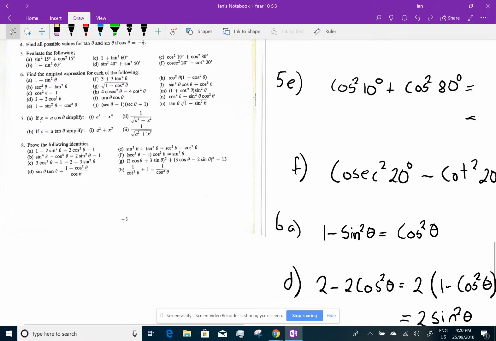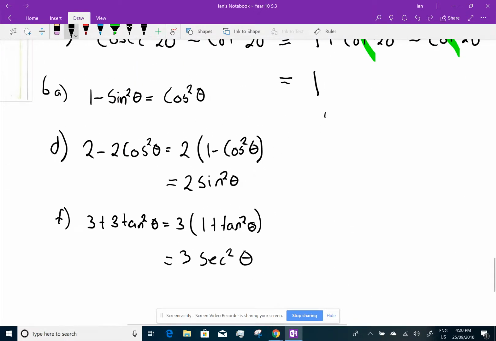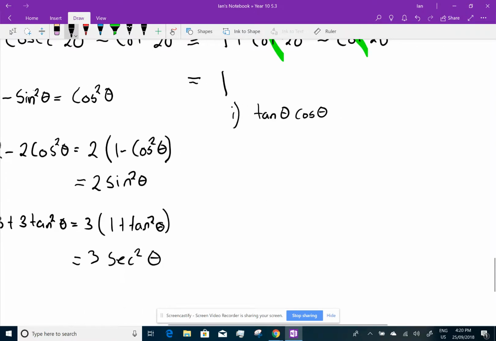Let's go to I, the tan theta cos theta. So I, tan theta cos theta. Well, they're multiplied, but I know tan theta is sine theta on cos theta, and I'm multiplying by cos theta.